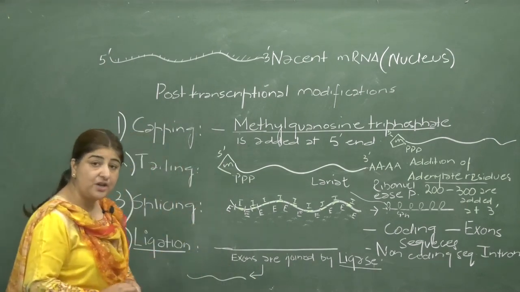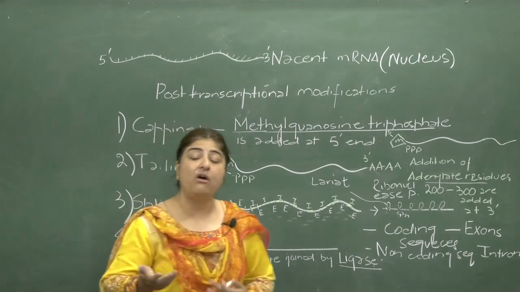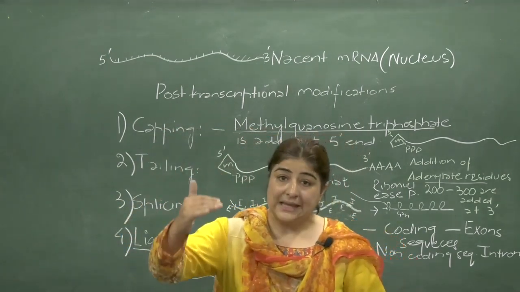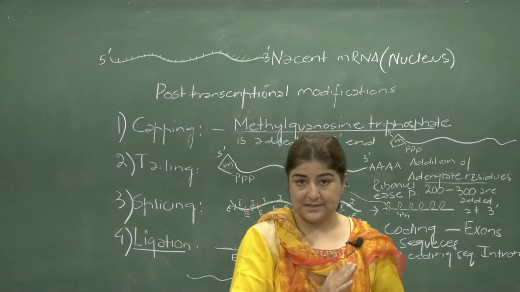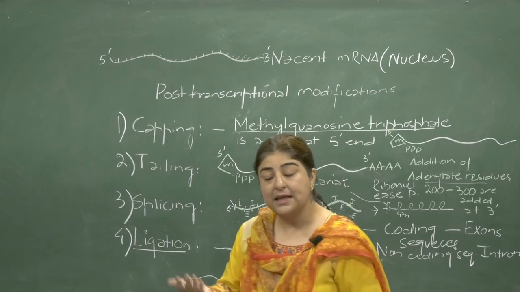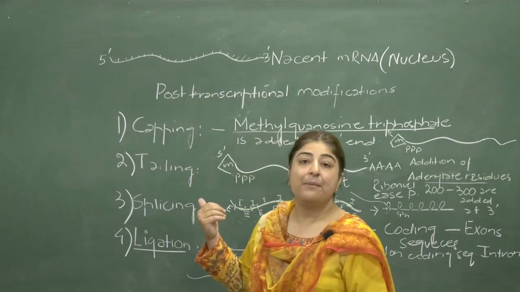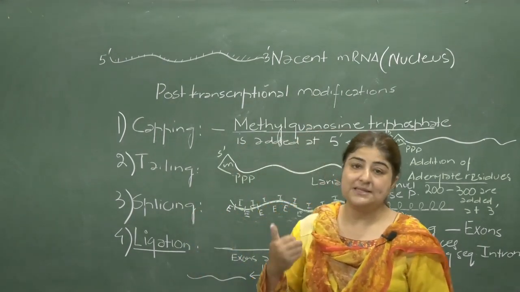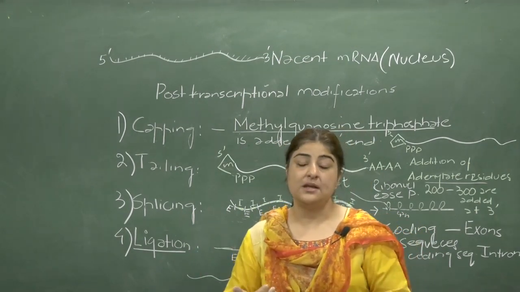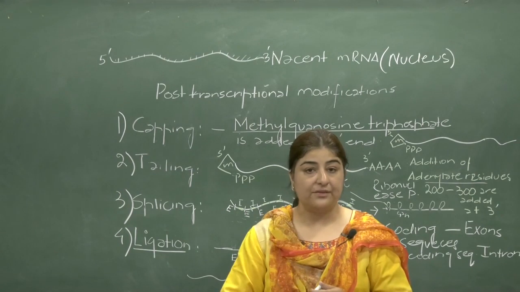Once this functional mRNA transcript is formed, it is transported from the nucleus to the cytoplasm. So in eukaryotes, once again I will tell you, once the mRNA is transcribed, it is not functional. It needs to undergo certain post-transcriptional modifications.